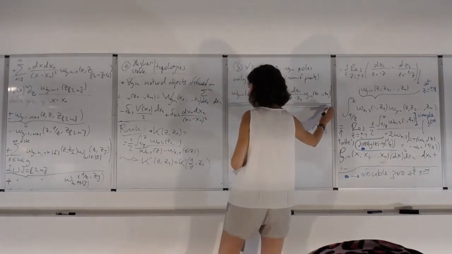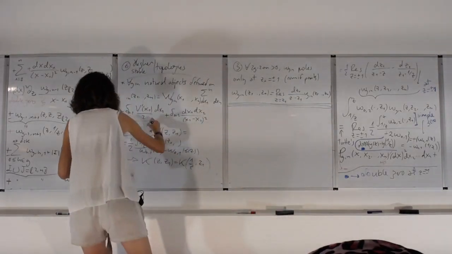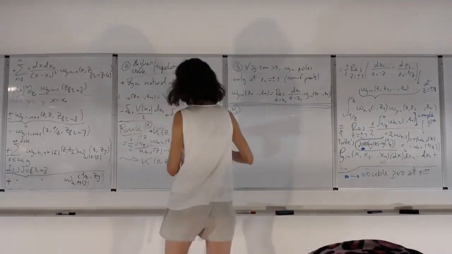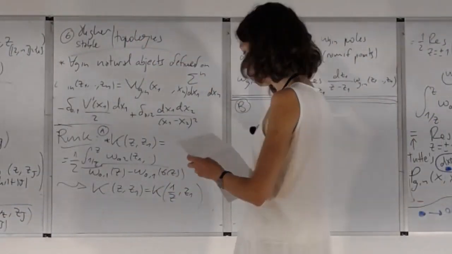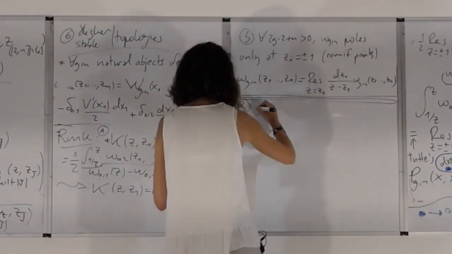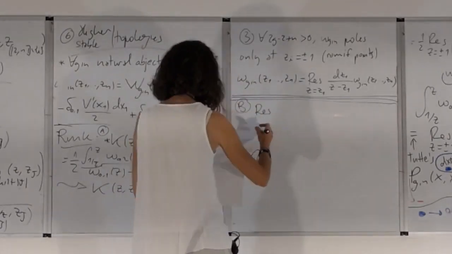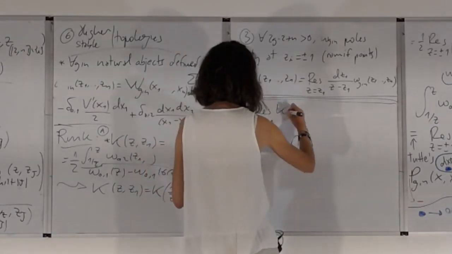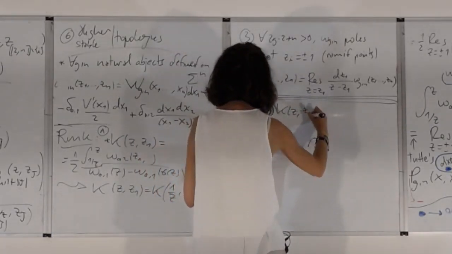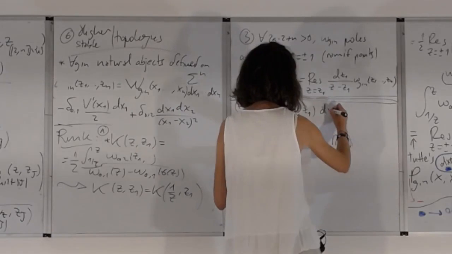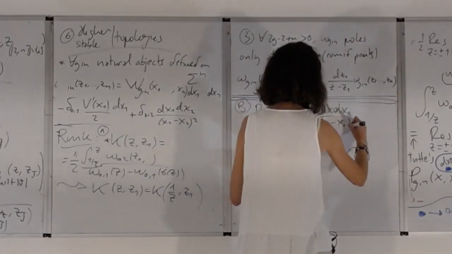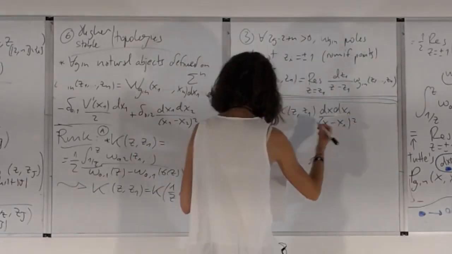So, second part of the remark. The residue of that guy times the recursion kernel is equal to 0. Why? It's very easy, but let's do it. Times that guy.